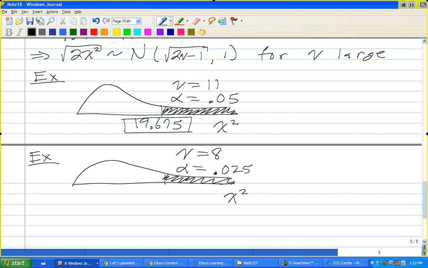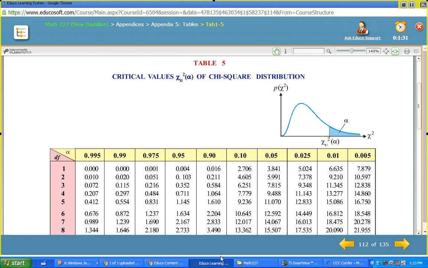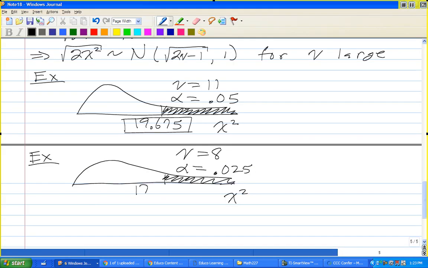So degree of freedom is 8, and the area of the right tail is 0.025, and so 17.535. And that is your answer. Let me do another example.